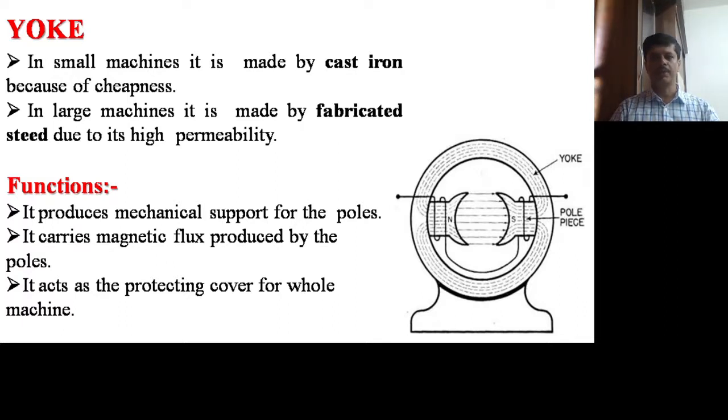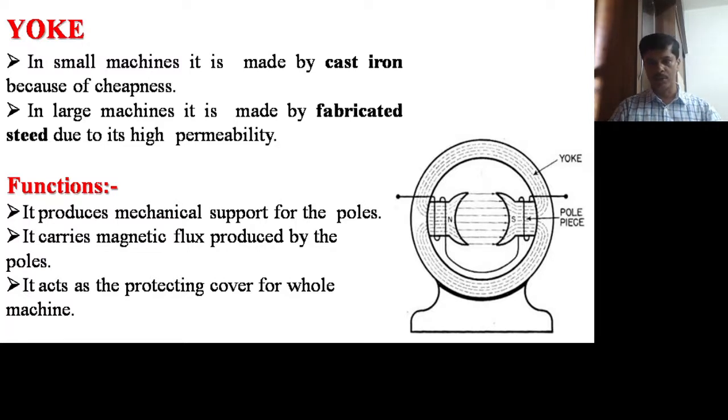The important functions of yokes are, it acts as a protective cover for the entire machine, and all other parts of the machine are enclosed within this magnetic frame. Therefore, it provides magnetic protection, mechanical protection, and also mechanical support for the poles.